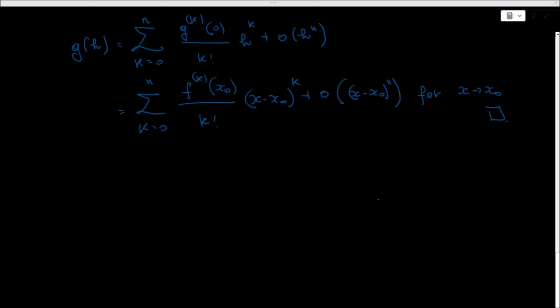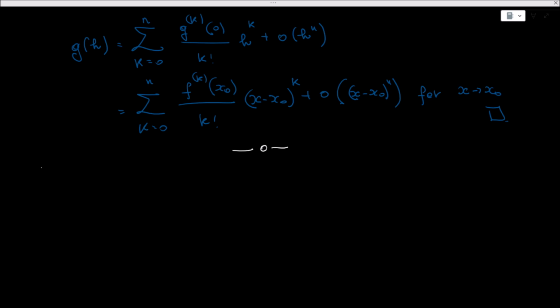Now that we know how to pass from the Taylor formula centered in x naught to the Taylor formula at x equals 0, at the origin, we can consider from now on, just for simplicity, the Taylor formula centered at 0.